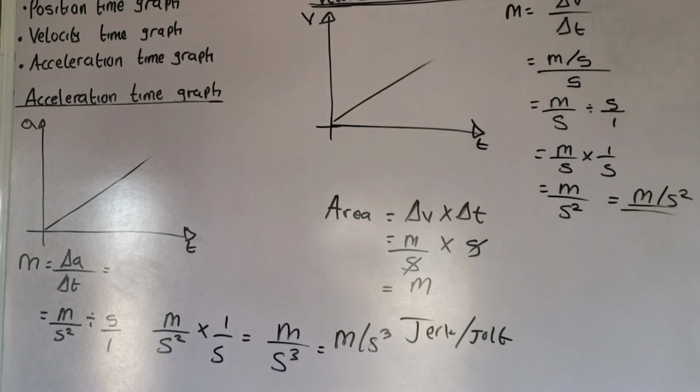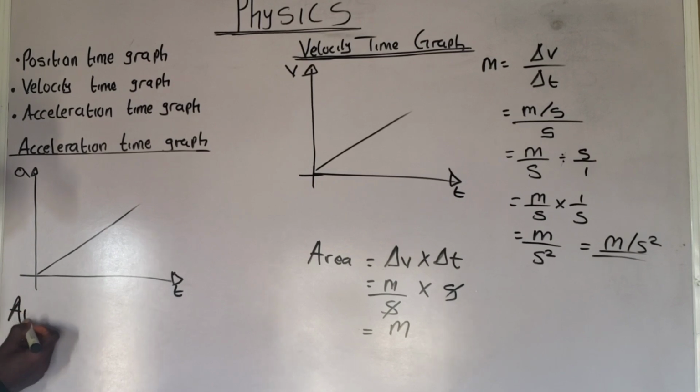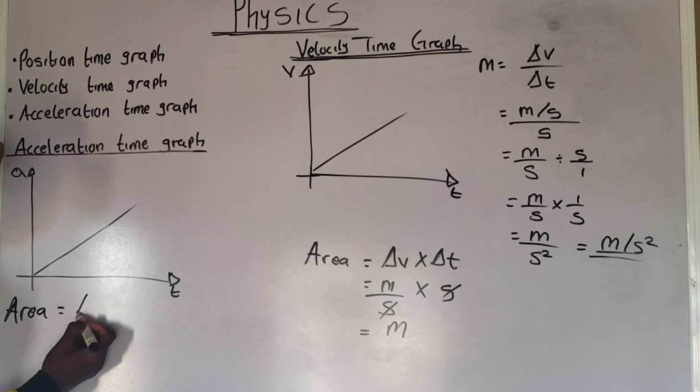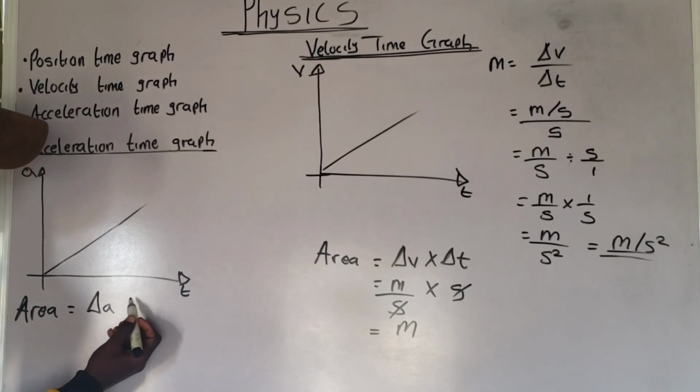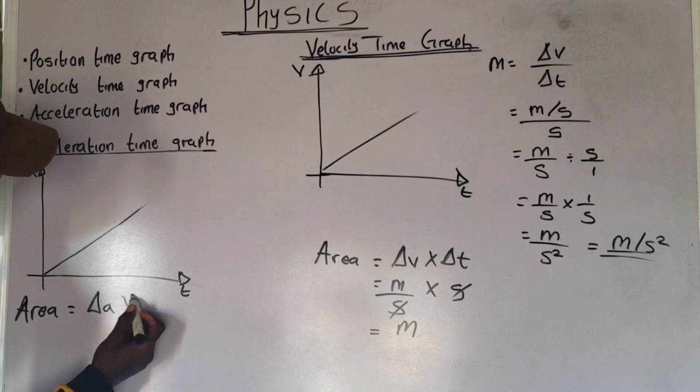Now let's talk about the area. What does the area of acceleration time graph tell us? Don't forget that area is associated with multiplication. Area is equal to the product of acceleration and time.